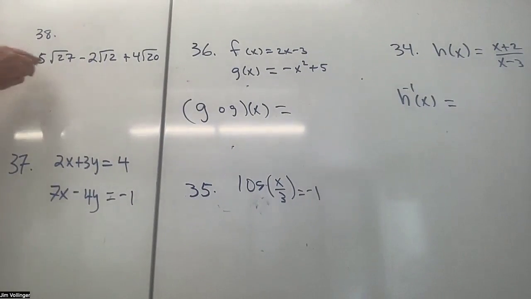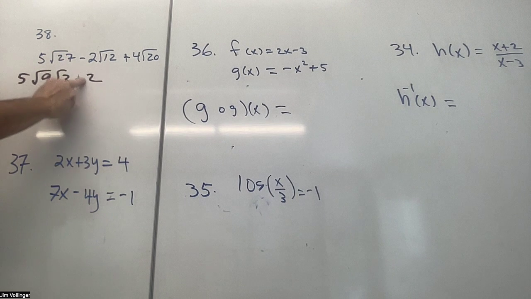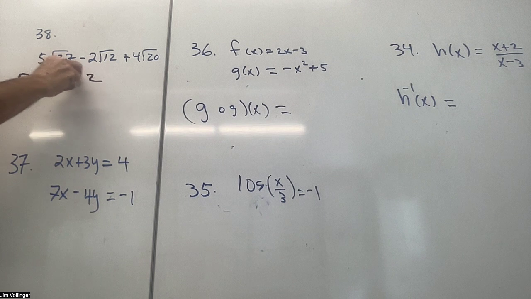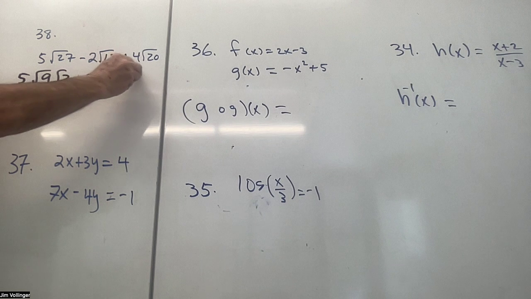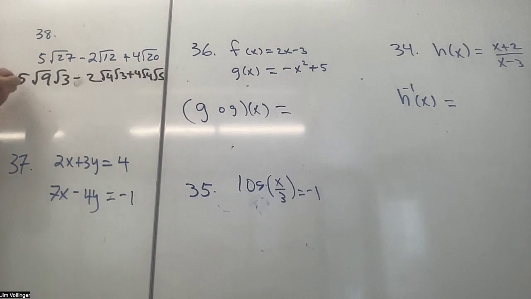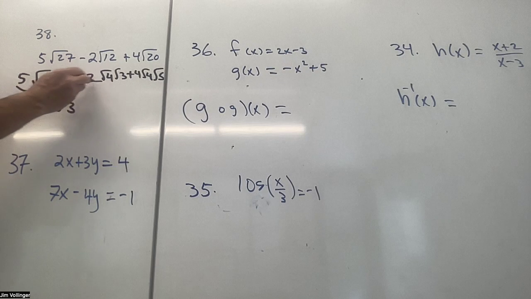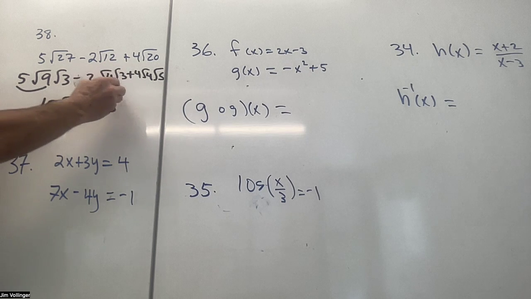All right, so I'm seeing 5 root 9 root 3 plus, minus 2 root 4 root 3, running out of room, plus 4 root 5. All right, so I'm seeing 5 times 3, 15 root 3. I'm seeing 2 times 2 minus 4 root 3. I'm seeing 8 root 5.